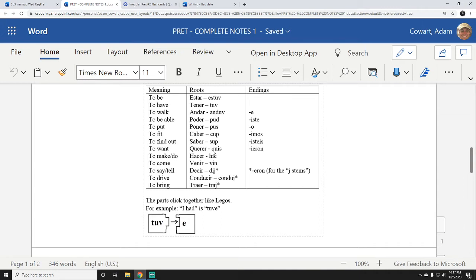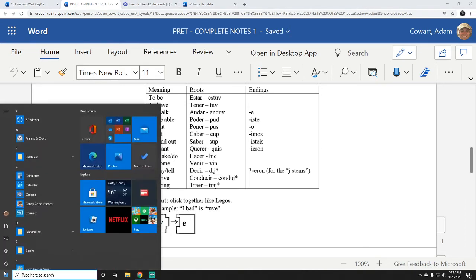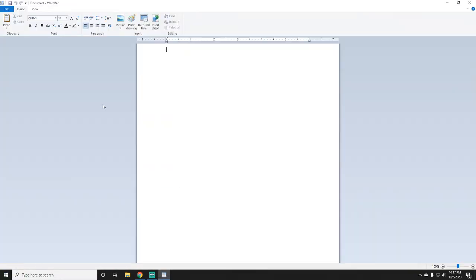Like it means I tried, but I was unsuccessful. Okay? And this is really important. So let me show you. Let's just pull out WordPad or something. Like if you said this, if you say yo quise llamarte, that says I tried to call you.